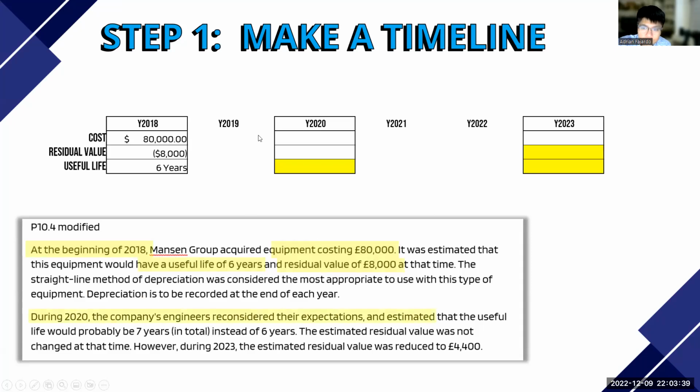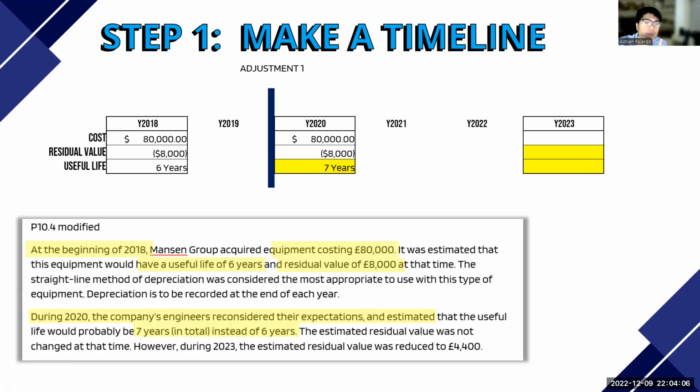Next info. During 2020, nag-revise raw sila ng expectation. And because nag-revise, puputulin natin yung timeline. Therefore, ano na yung bago? Same pa rin yung cost, same pa rin yung residual value, pero ang nag-iba is yung 7 years. So meaning, hindi 7 remaining years, pero 7 total years.